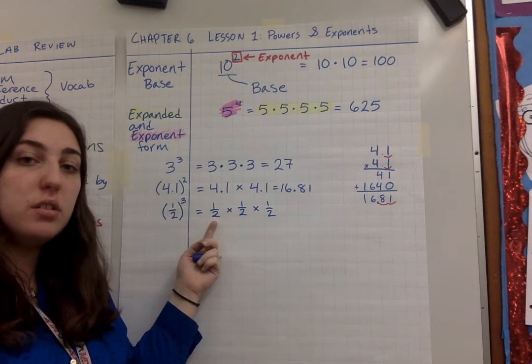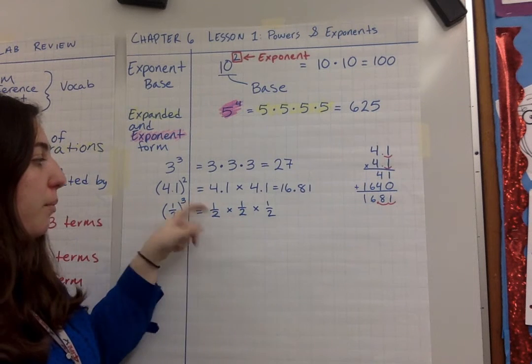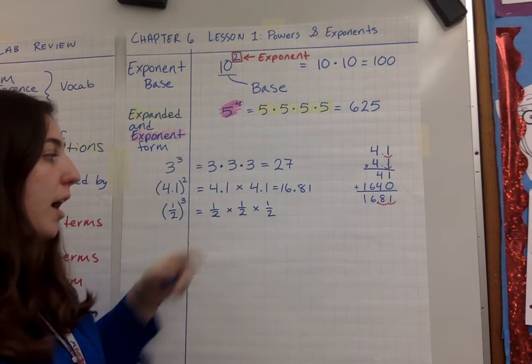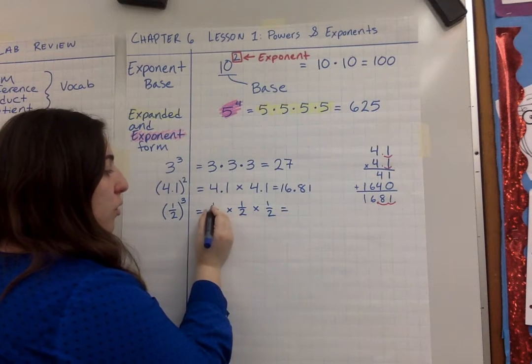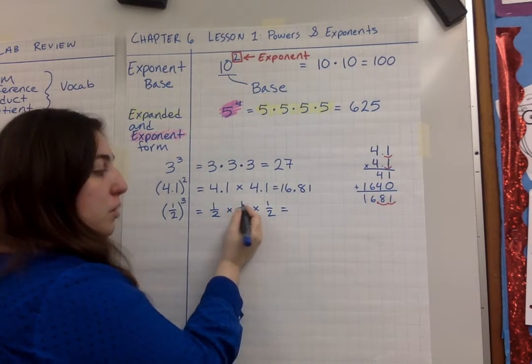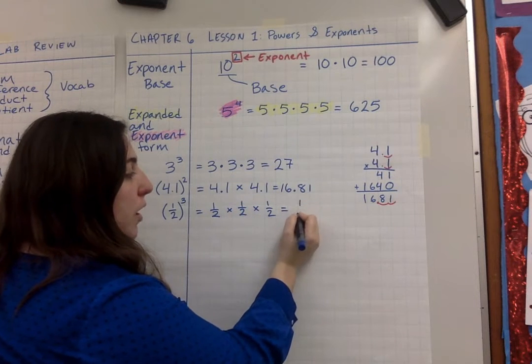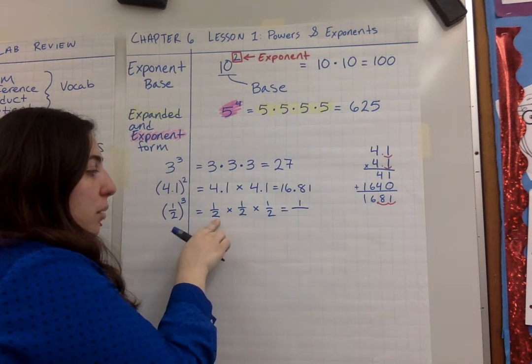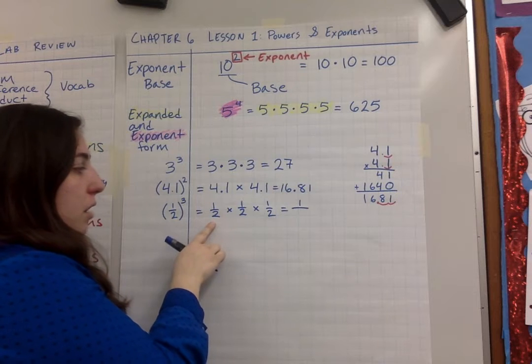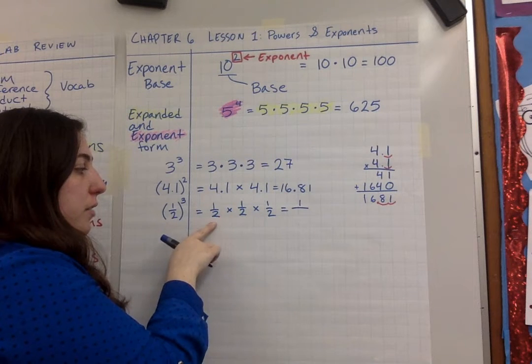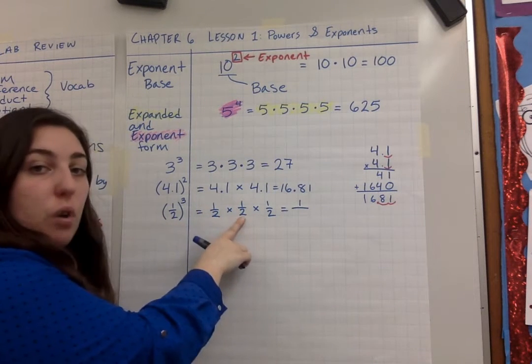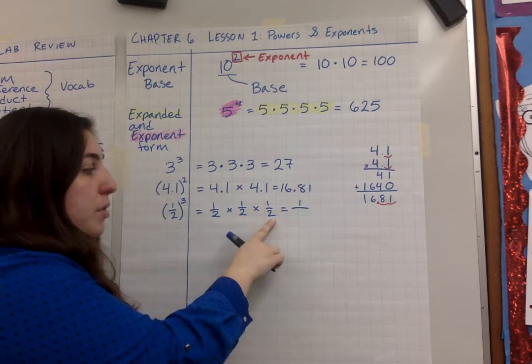Remember with fractions, if we're multiplying, multiply across. So we're going to do 1 times 1, which is 1, times 1 is just 1. Now we're going to multiply the denominators. We're just going to multiply across. So 2 times 2 is 4, and 4 times 2 is 8.